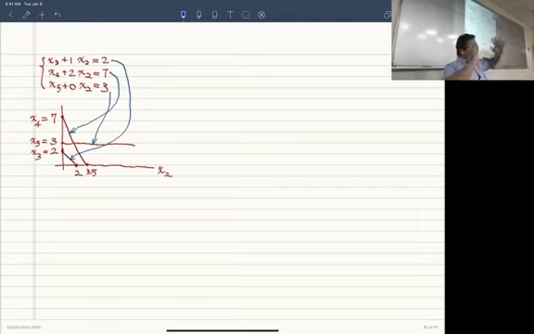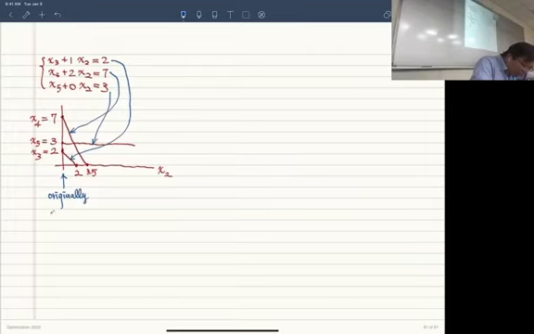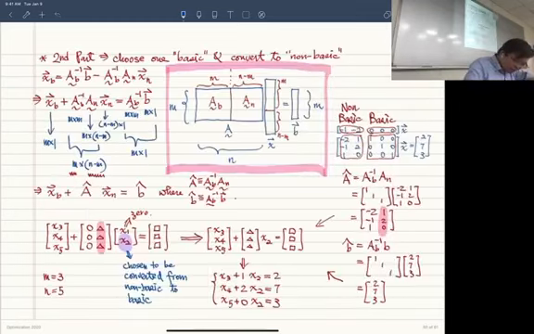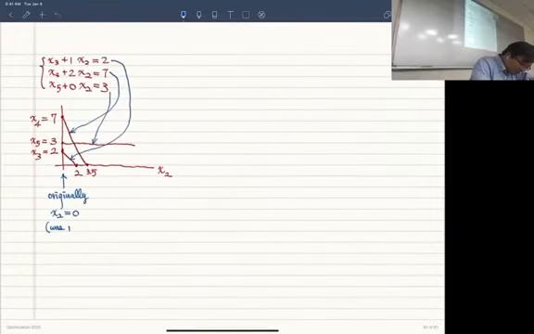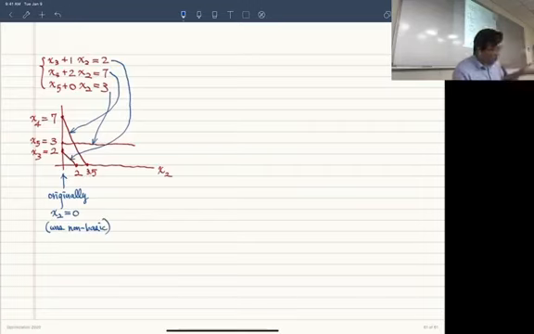And why do we visualize this in this way? Because originally x2 was 0 because it was basic. Oh no, it was non-basic. We want all the non-basic to be 0, right?